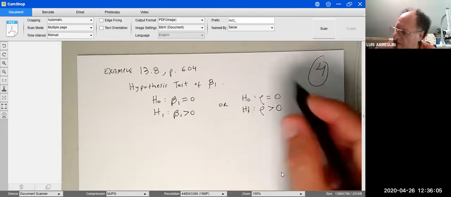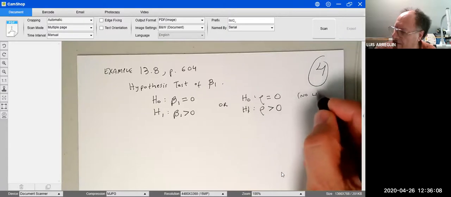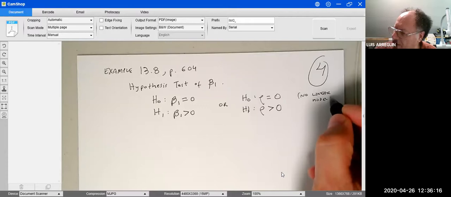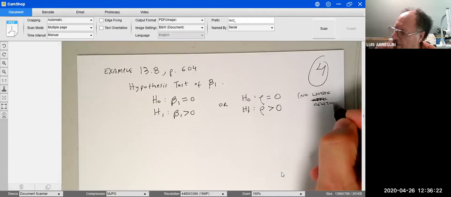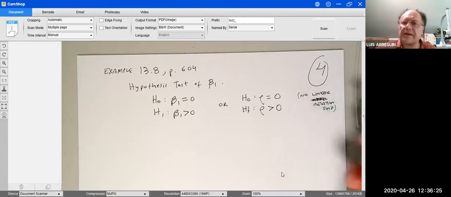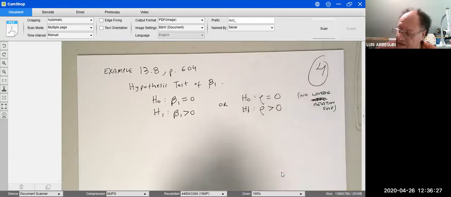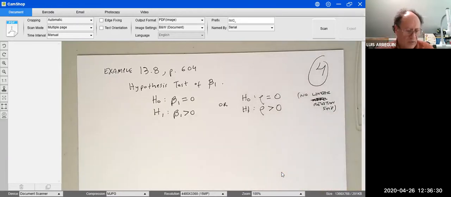So in both cases, the null means no linear pattern, no linear model, no linear relationship. That's the meaning of the null. So we need to reject the null to be able to use the linear model, either the least squares regression line or the linear model with the parameters with the confidence interval for each one.